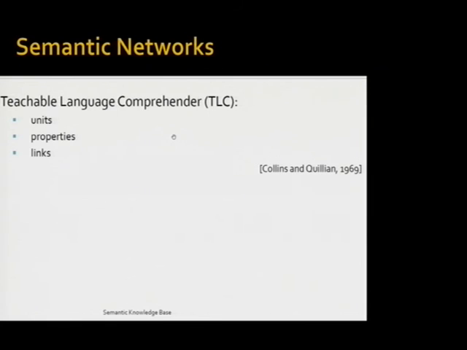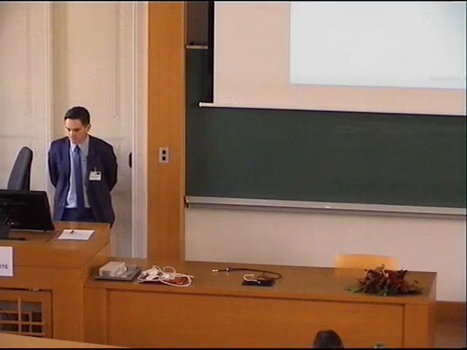So at first, the semantic networks were introduced more or less in the late 60s by Collins and Quillian. They were called teachable language comprehender, and what they said was that there are three most important concepts: units, properties, and links that connect them.